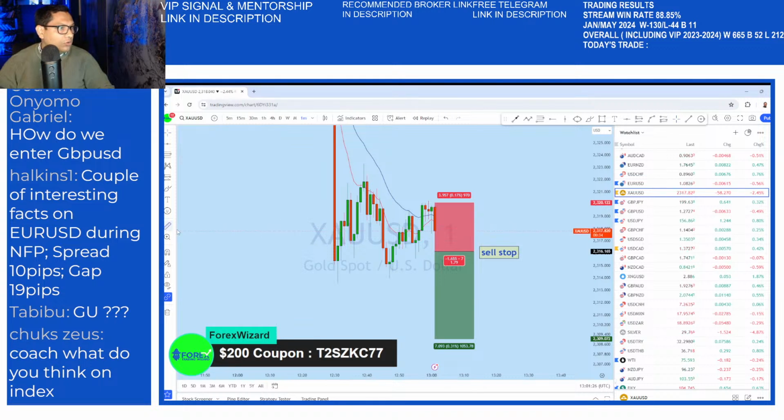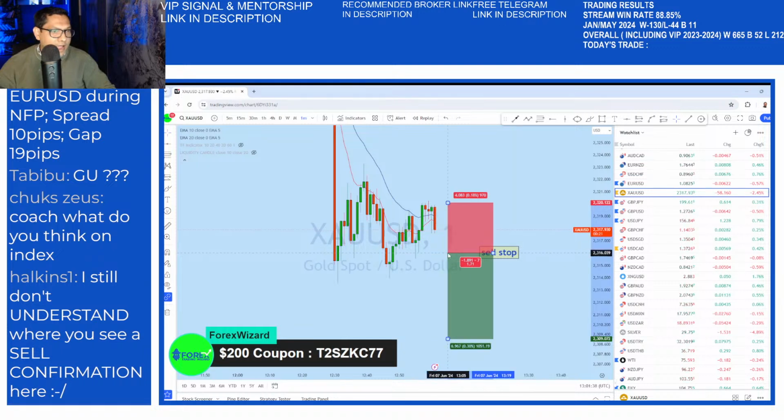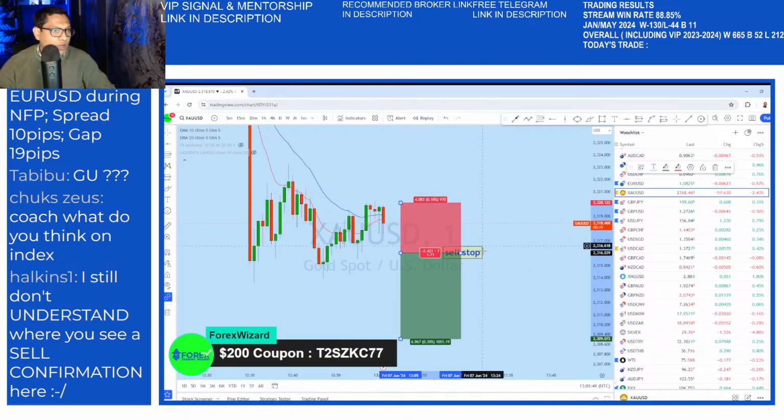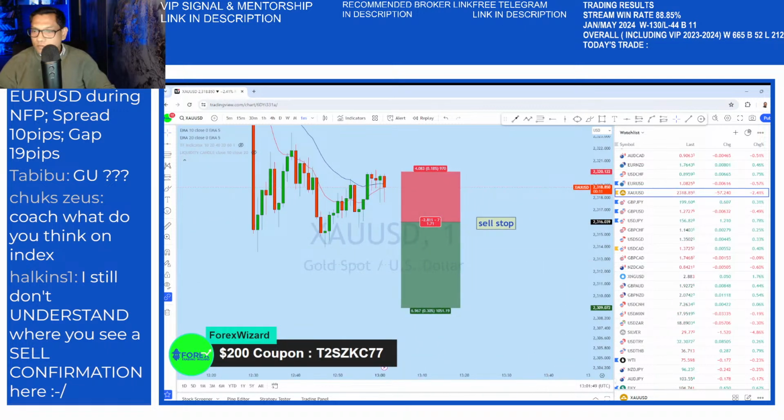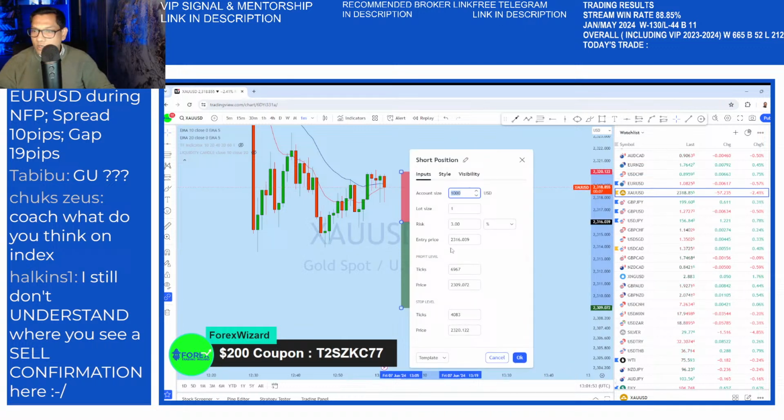So for this trade it is around 39 pips stop loss. So we place the pending order, sell stop at 2316.165.